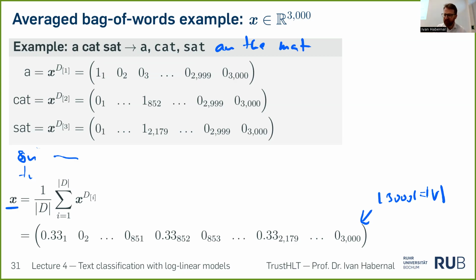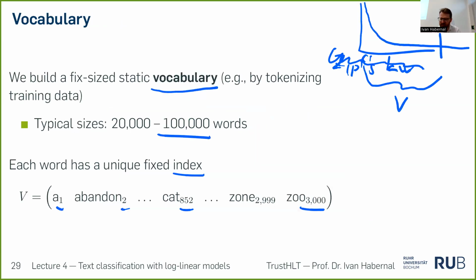Cat and sat have different positions in the vocabulary. So here's my vocabulary. Here's cat at position 852, and somewhere here would be sat at position 2179 or something like that. So this is my vocabulary. It's basically a list of words indexed by position. So I know each word is unique to some position, so I can map words to indices, to numbers.